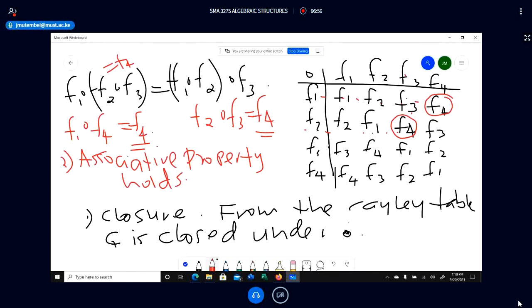By the definition of identity, it is that element which leaves each member of the set unchanged. So if you look at the first row, F1 acting on each of the members of G does not change it. Or if you look at the first column, F1 acting on each of the members of G does not change it.